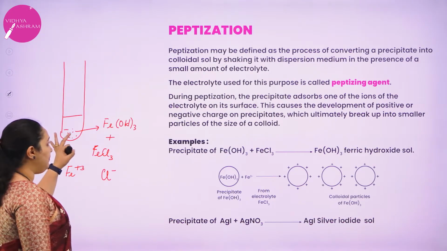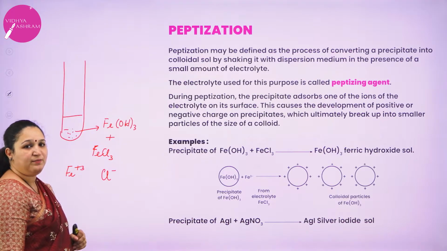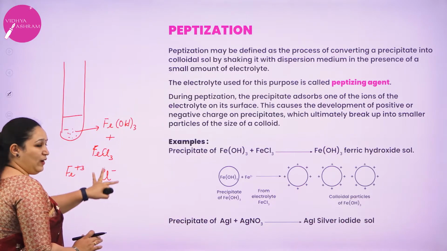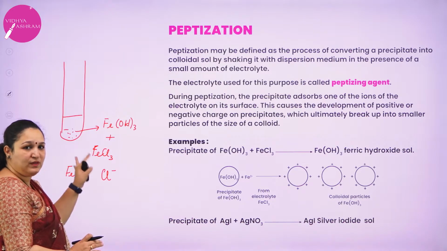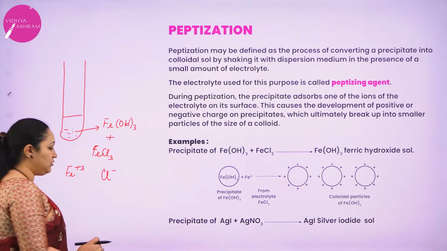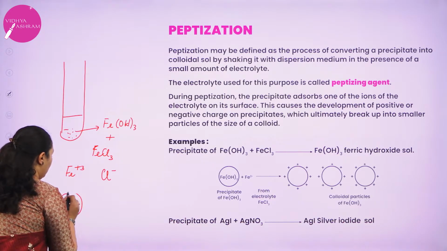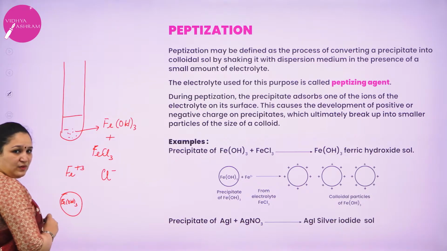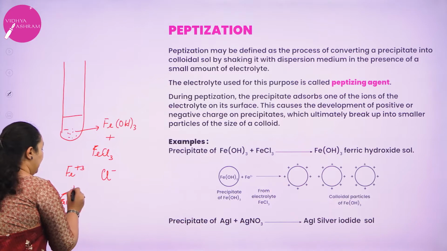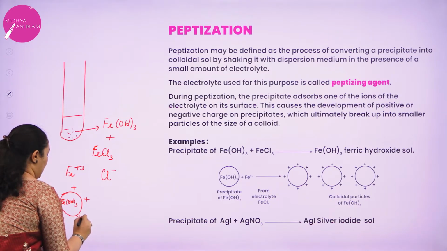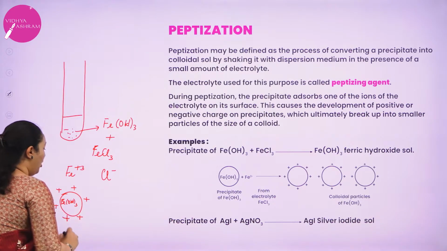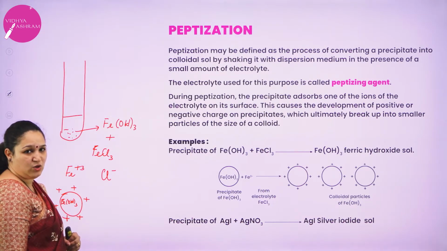Now this precipitate of ferric hydroxide adsorbs one of the ions from the electrolytic solution. So what does it do? If this is the precipitate of ferric hydroxide, Fe(OH)3, it will adsorb the positively charged ferric ion.